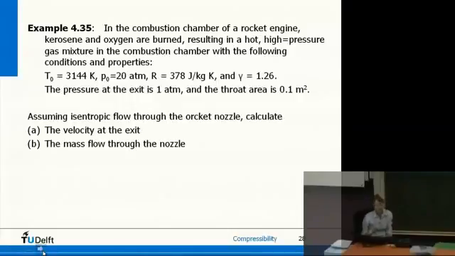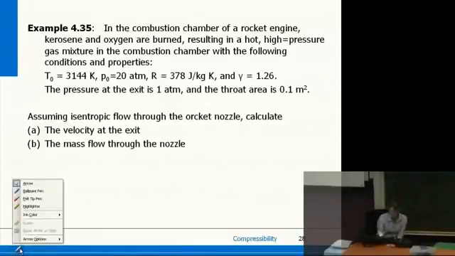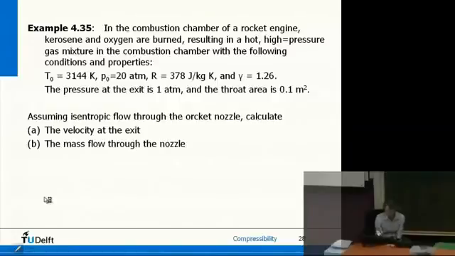Pressure ratio, right? So pressure ratio as a function of what? The second form, right? So P0 over P1 is a function of the Mach number, right? We can use that.